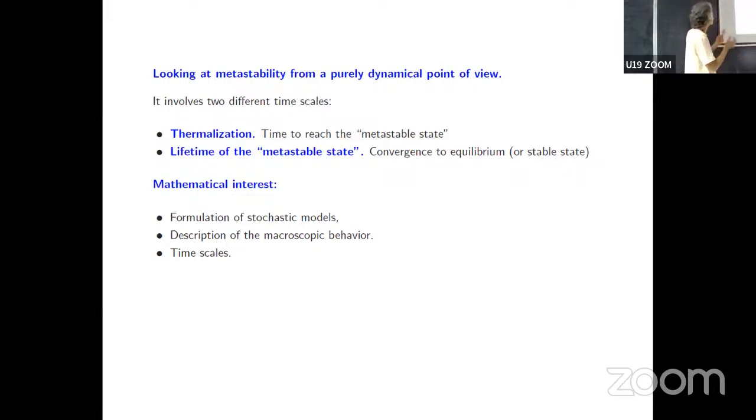So there are these two ingredients. You have different time scales, and it goes very quickly to a sort of fake equilibrium, and then it takes a long time to really converge to equilibrium.